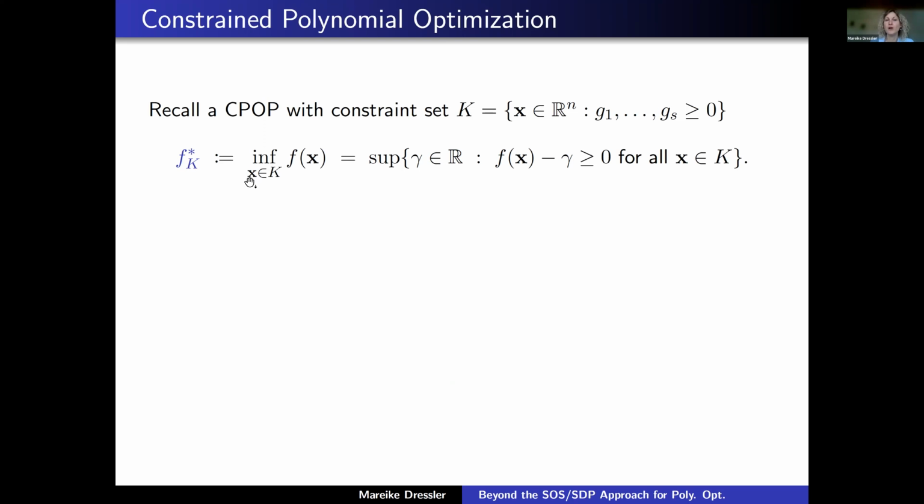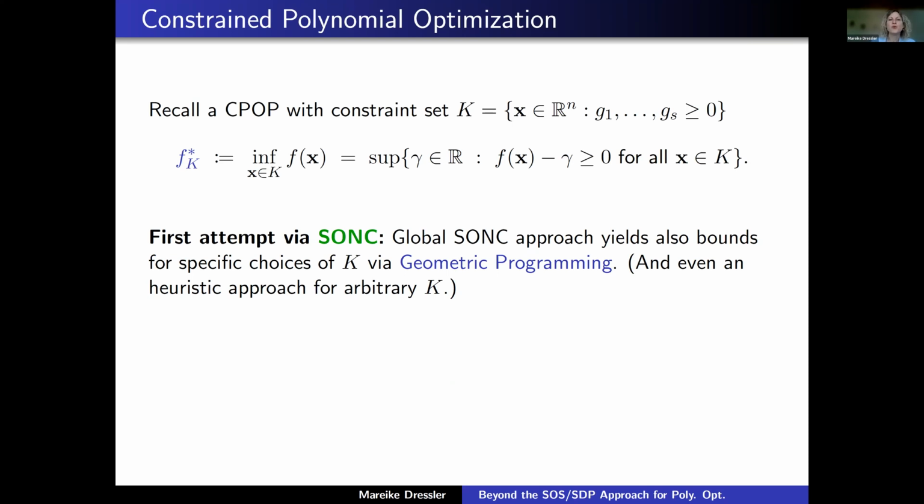If we really want to optimize over a specific set, then the first approach via the SONC polynomials was to say, okay, maybe we can use geometric programming again. And this works for specific cases of K. And in fact, it also works for arbitrary K, but it does not yield such nice bounds, I would say.